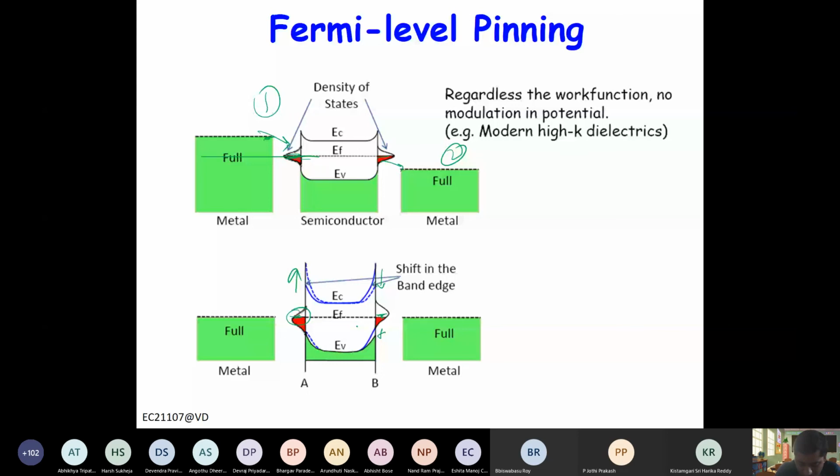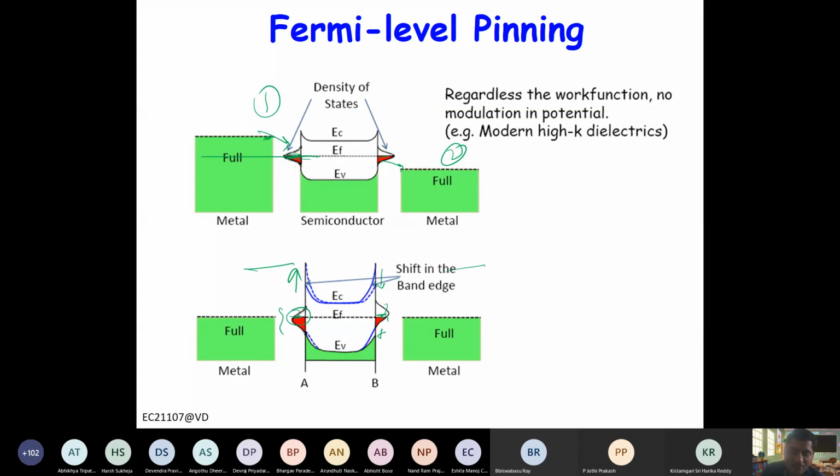So you notice here in both the cases the Fermi level is attached very close to this band state, the interface state, right? So regardless of the work function, the barrier is basically not changing. So that is the effect of Fermi level pinning.